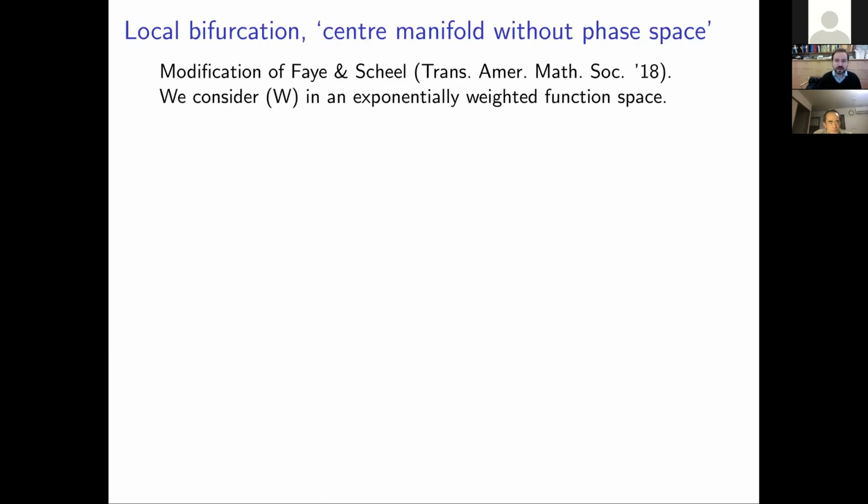Okay, and then the other part I mentioned was this new construction of small amplitude solutions. I mentioned there is already a variational construction, and there's an implicit function theorem argument.